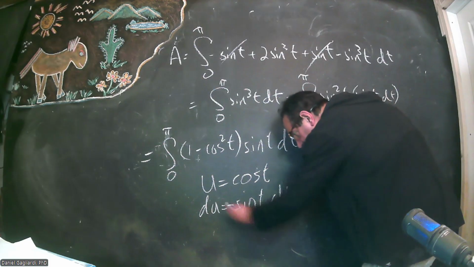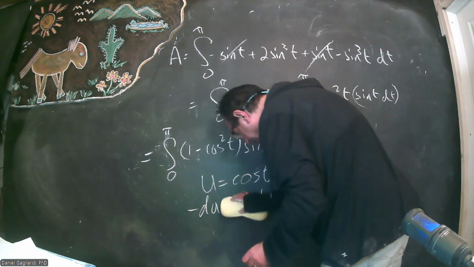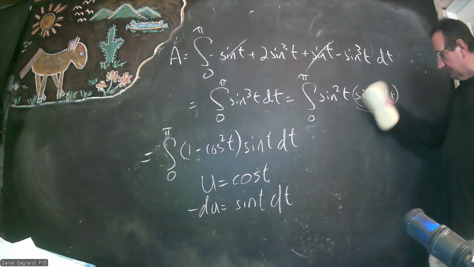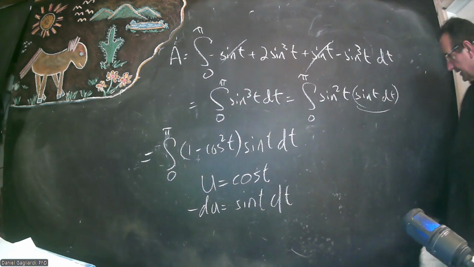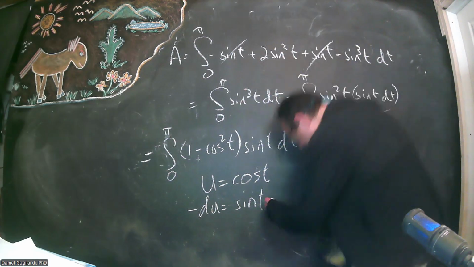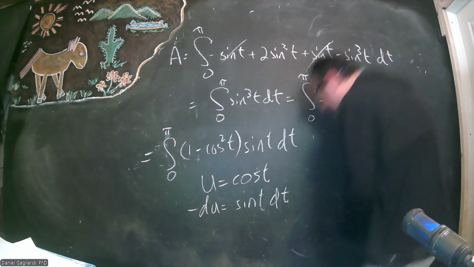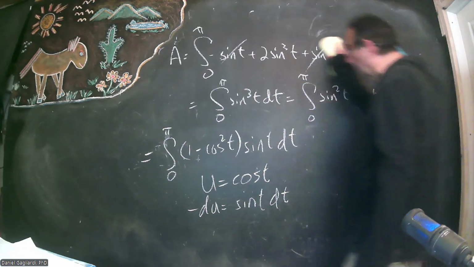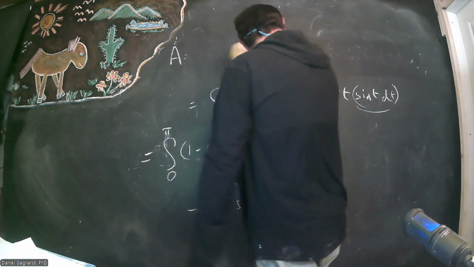I'll just move that negative to the other side because what we have saved for us, siphoned off, is a sine of t dt. All right, perfect. So, good.